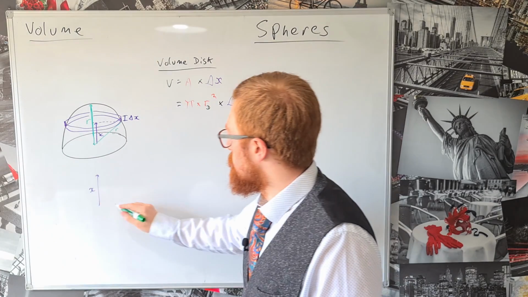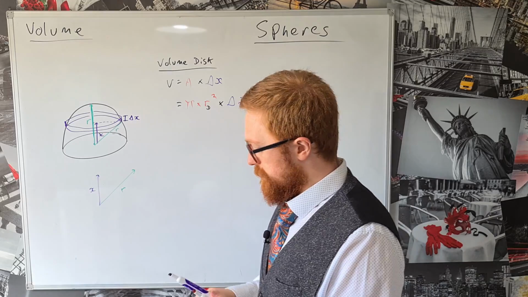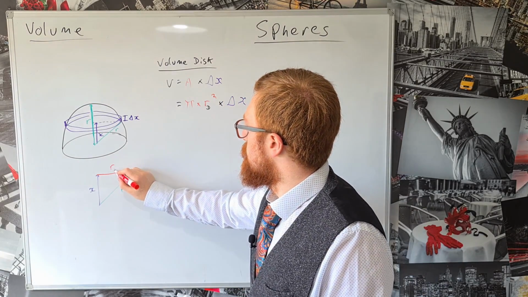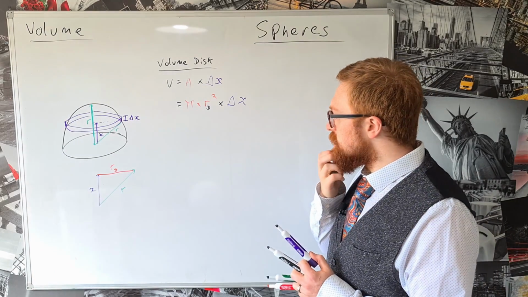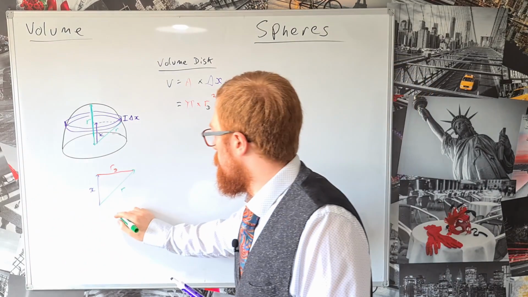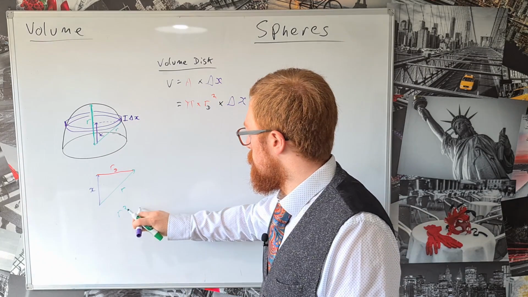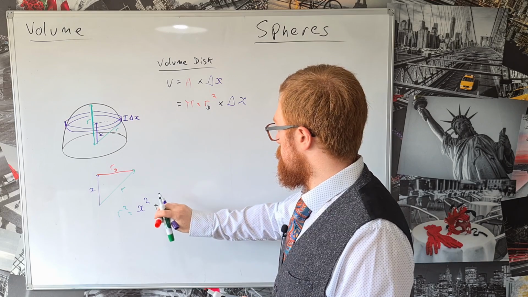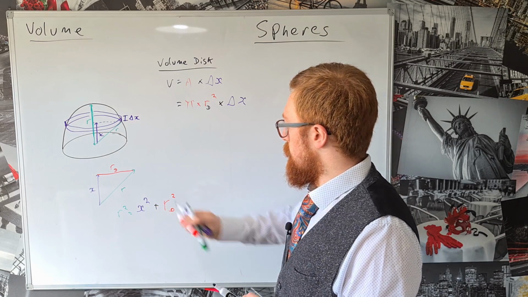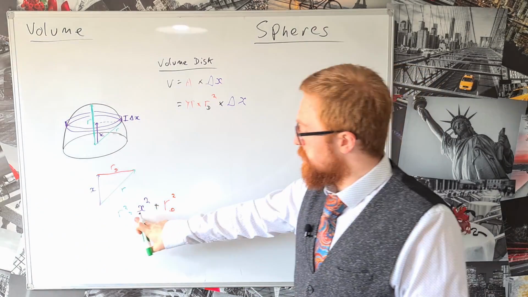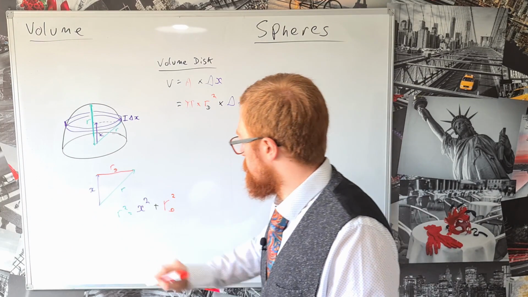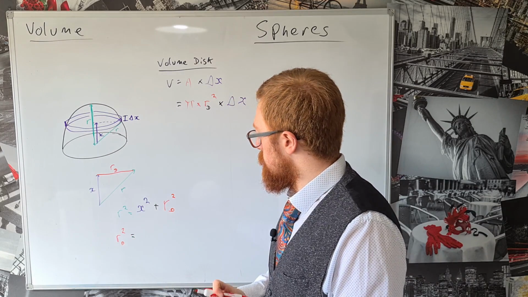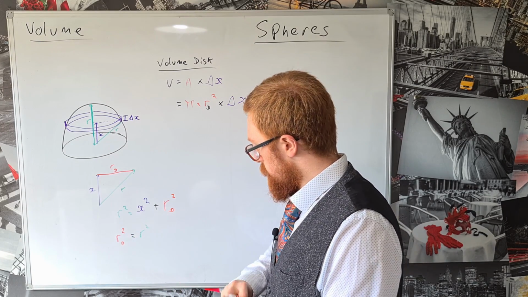And the hypotenuse is r, and this length here is the radius of the disc that we're trying to work out. So using Pythagoras' theorem, we get r squared is equal to x squared plus rd squared, and it's a really simple rearrangement to just subtract the x squared from both sides. So rd squared equals r squared take away x squared.